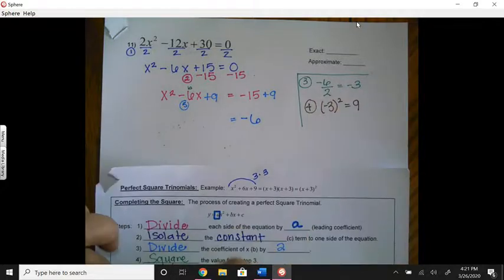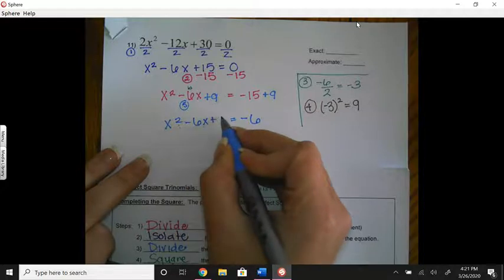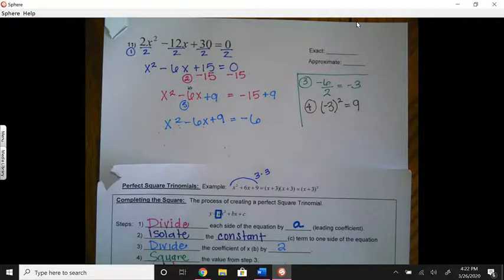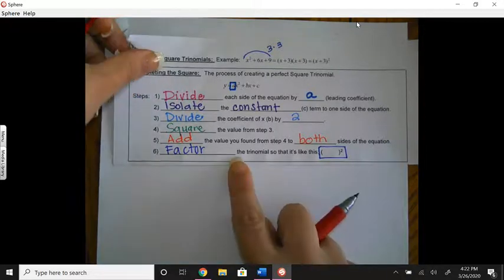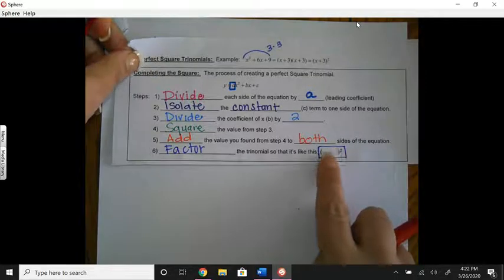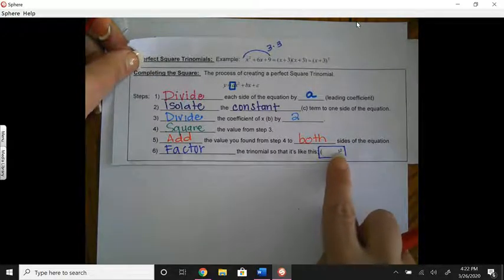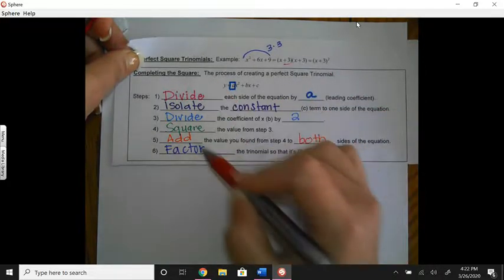Now the whole purpose in doing these steps is to be able to get to step 6, which is to factor in such a way that we get a square like this. So we want the same thing times the same thing, just like up here. That's our goal in why we did this.